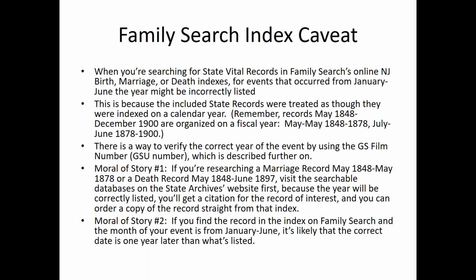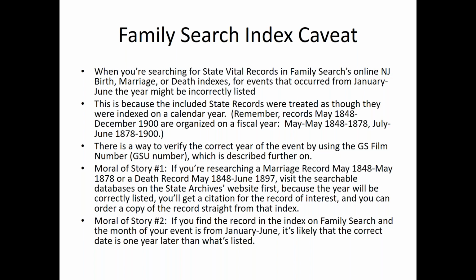So Family Search, when they built these indexes, created an amalgamation of the state records plus church records and vital record information from other repositories. And they decided that unilaterally these indexes would be organized on the calendar year. So what they did when they shoved the state records into these other records collections is they took the first part of the fiscal year and made that the year for the entire fiscal year.